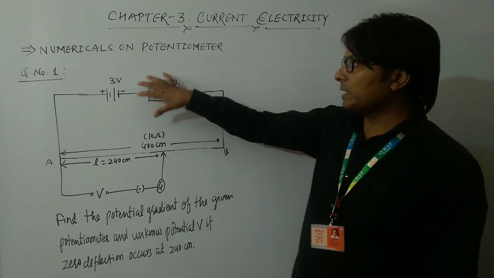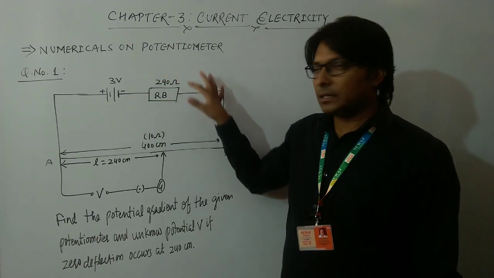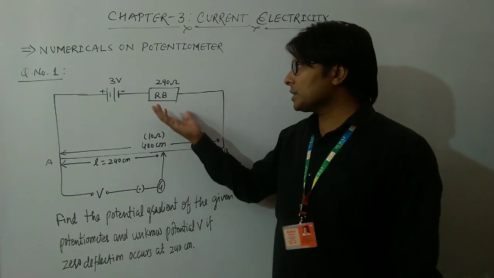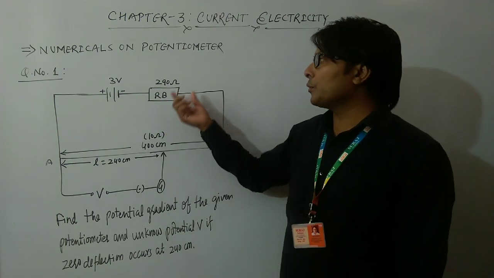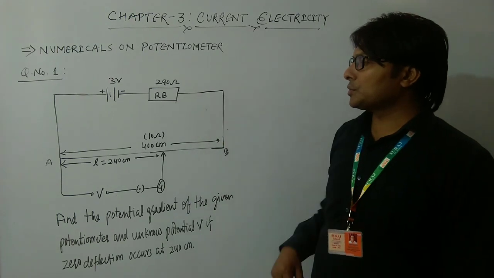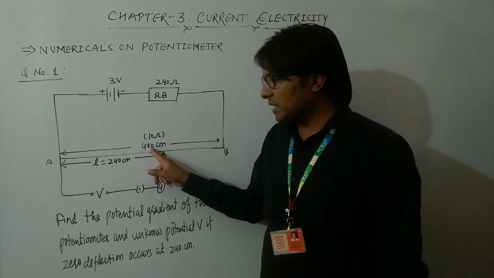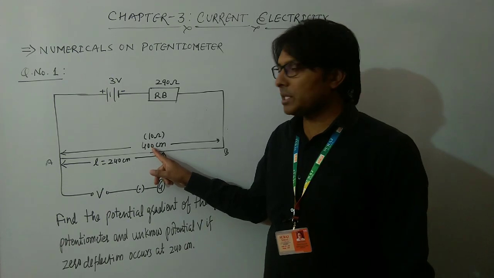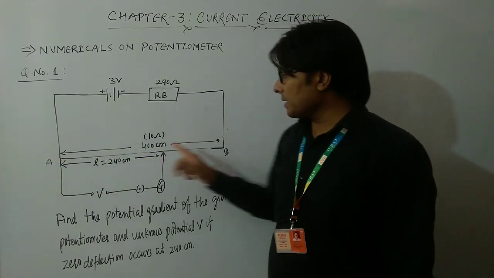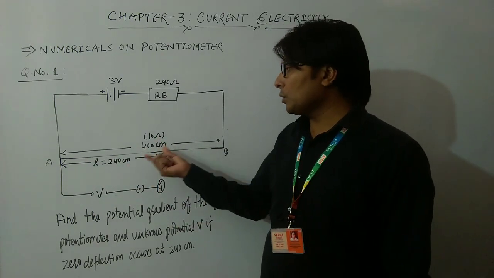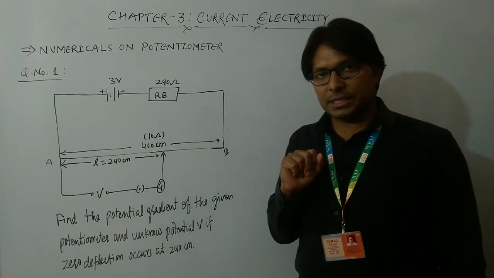Here, instead of using a rheostat, a fixed value of 290 ohm is being used. And this is wire AB whose length is 400 centimeter, means 4 meter, and the entire length of this wire has a total of 10 ohm resistance.